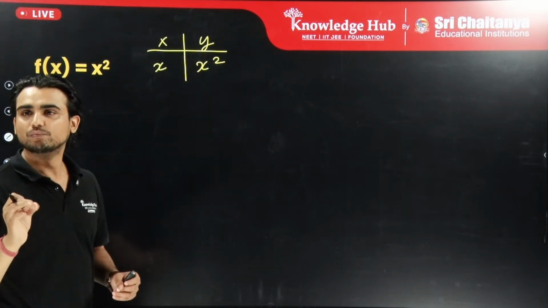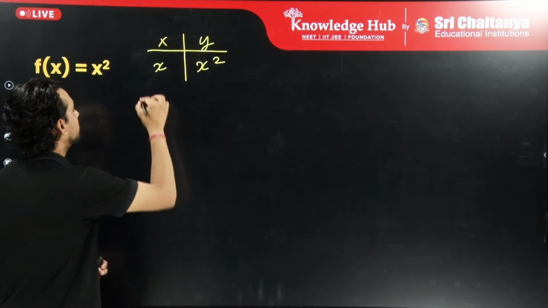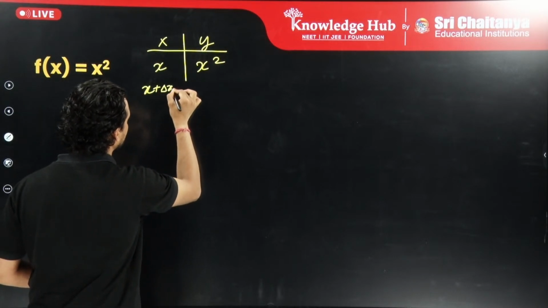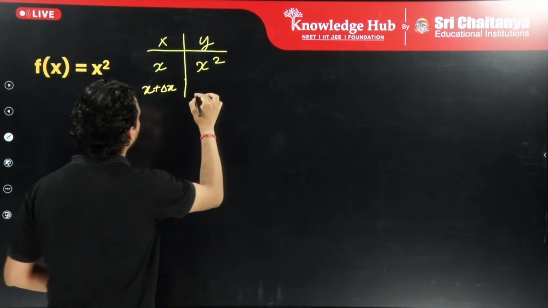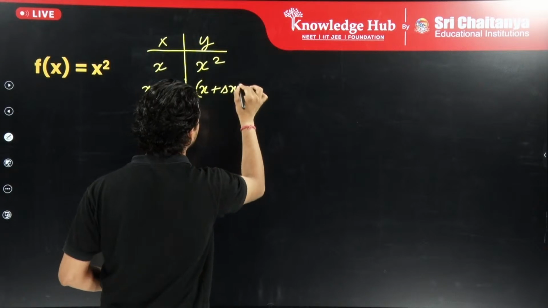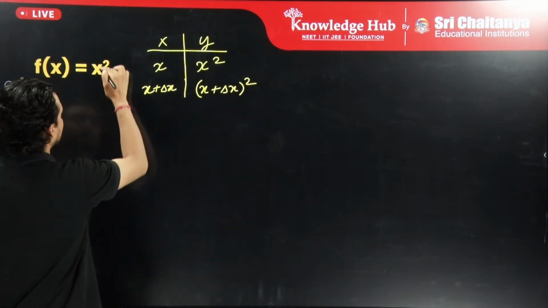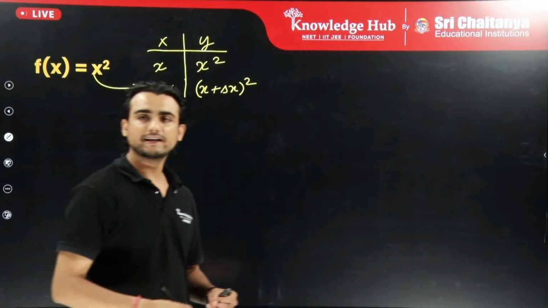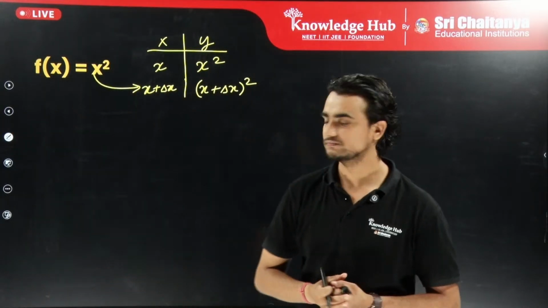Now if I move to some point x2, that point x2 is x plus delta x. Corresponding to that, my y will become x plus delta x whole square, right? That is, if I substitute x plus delta x instead of x. What is delta x? A very small change in x.